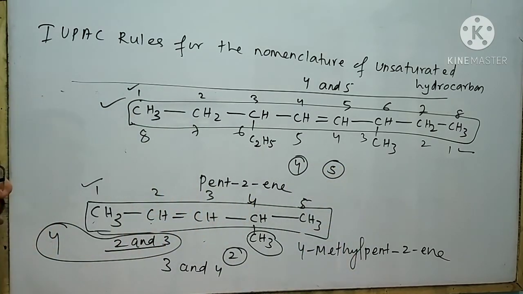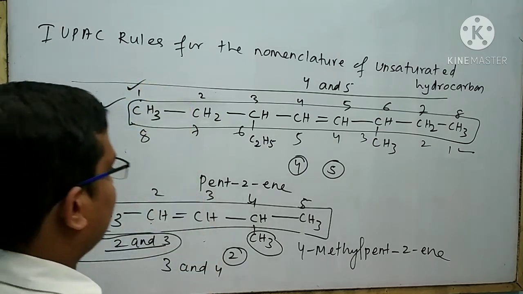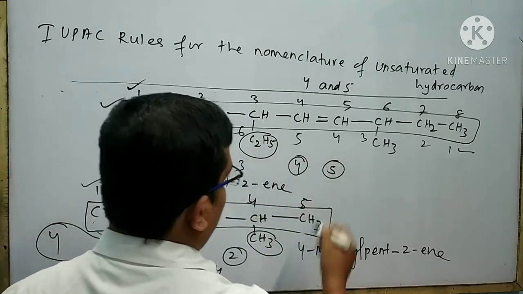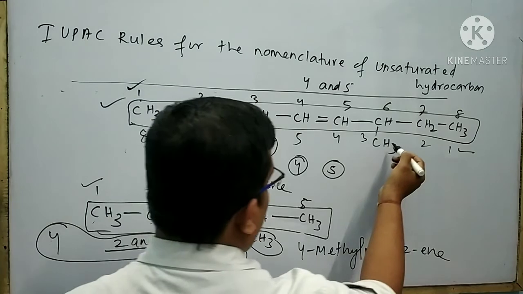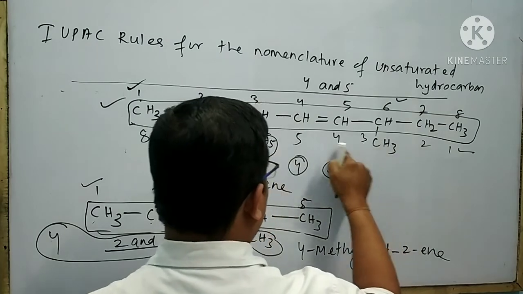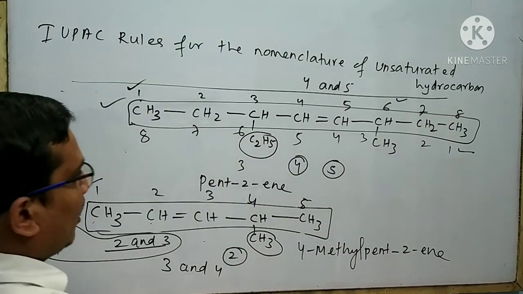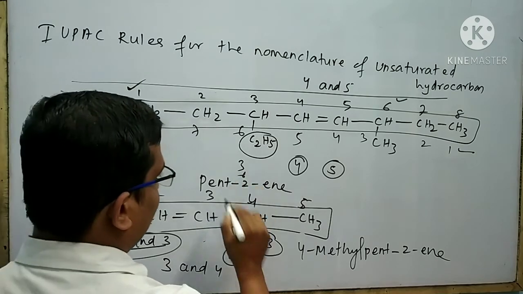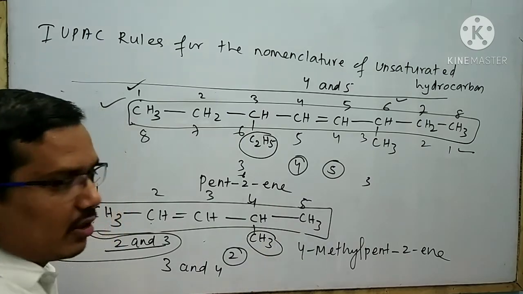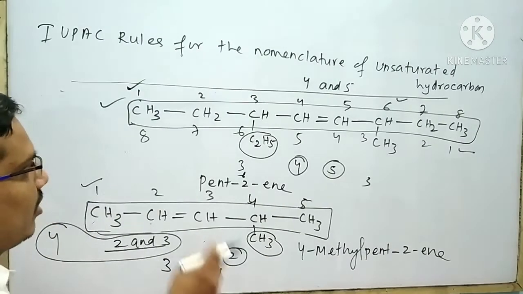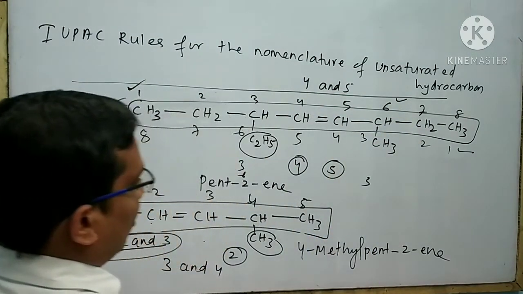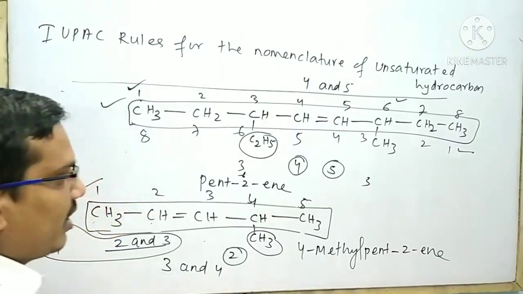But remember, if I start the numbering like this, here the ethyl group carries 3 number. On the other end, the methyl group carries 6 number. If I start the numbering from the other end, 1, 2, 3, 4, 5, 6, 7, 8, then the ethyl group carries 6 number. On the other end, the methyl group carries 3 number. Together here the double bond carries the same number by numbering from left to right or from right to left.